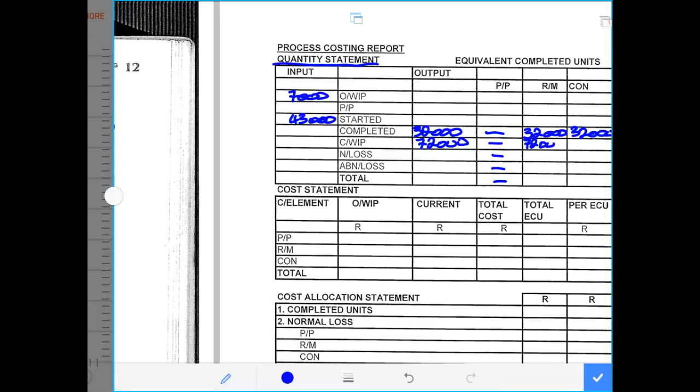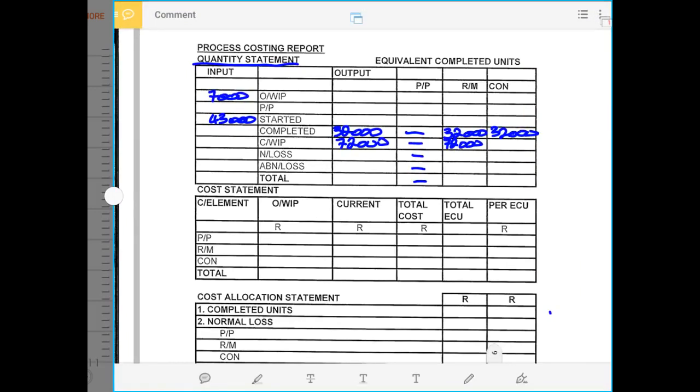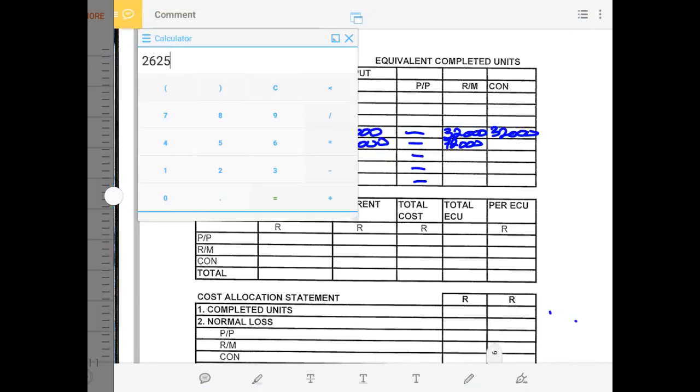So now remember, we were told that material is added at the beginning of the process. So if material is added at the beginning of the process, that means all the material that is needed was all there. That is why under the raw material column, we have to record the total 7,200 units without multiplying by the 75%. But with regard to conversion cost, we have to say 7,200 multiplied by 75%.